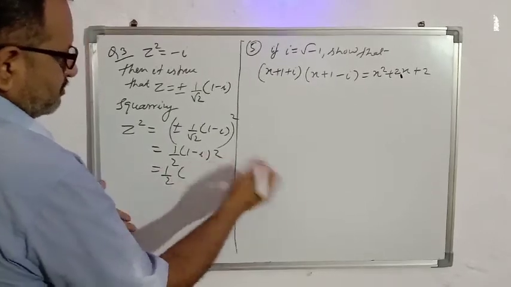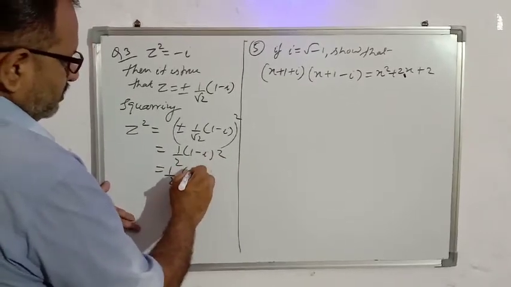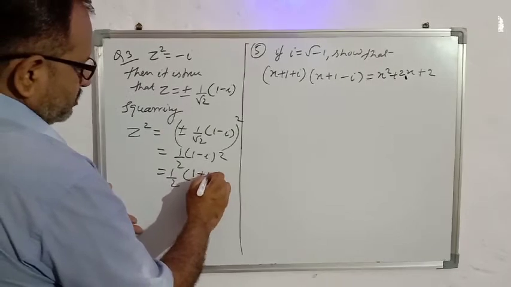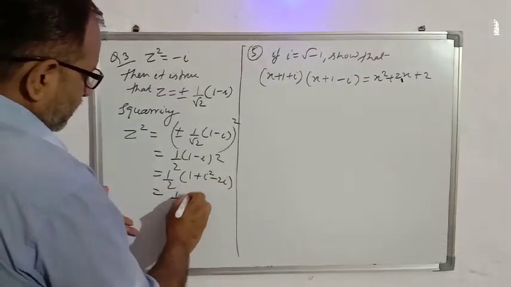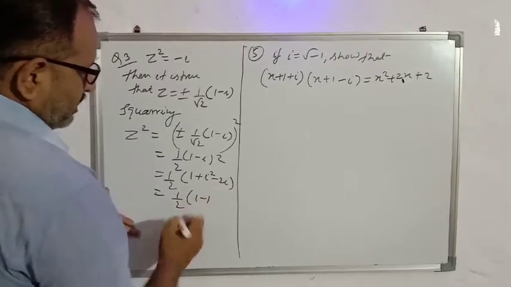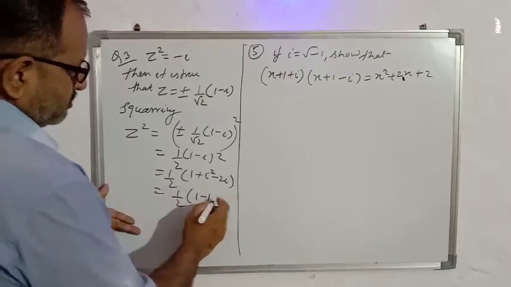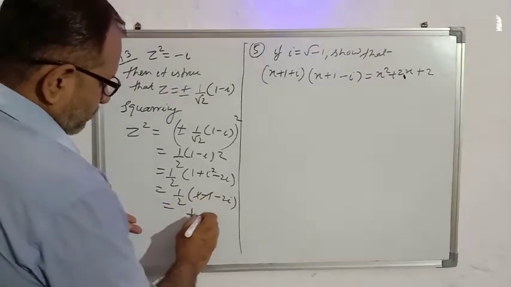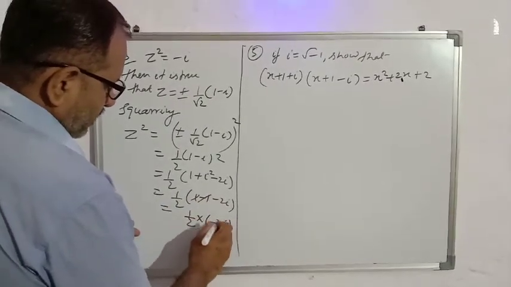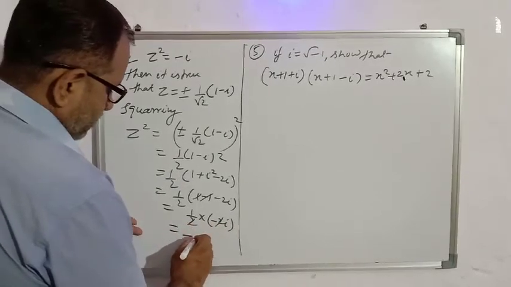Use here the a minus b whole square identity. A is 1, b is i, so 1 plus i square minus 2ab, minus 2i, into 1 by 2. I square value is minus 1. We know that i square is minus 1. So minus 1 plus 1 cancel. 1 by 2 into minus 2i, 2 cancel, minus i.